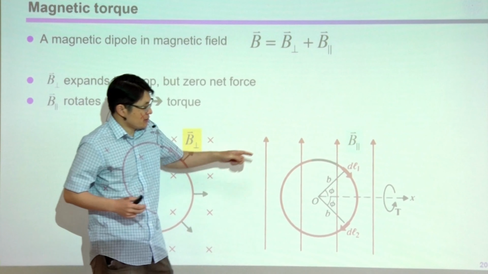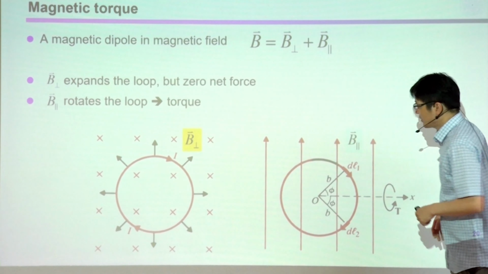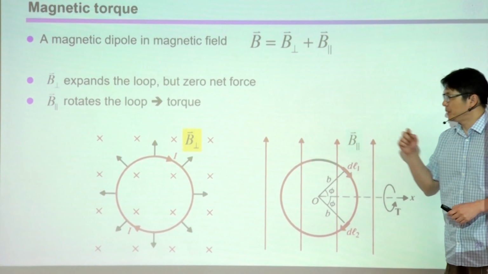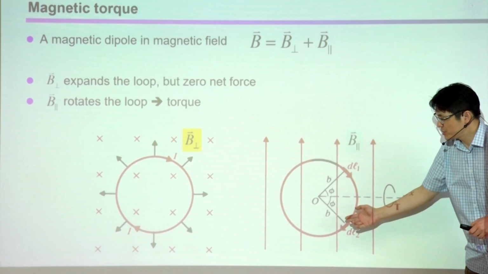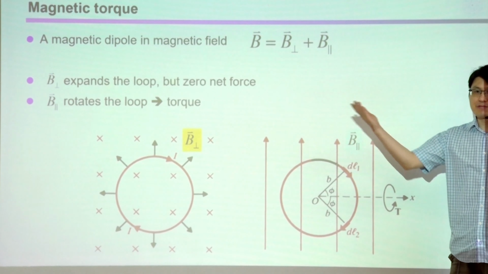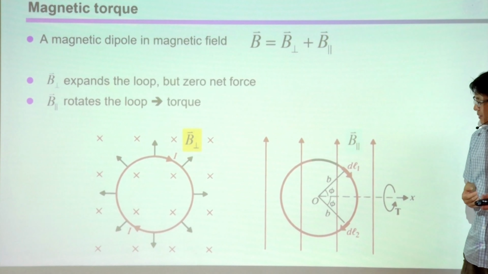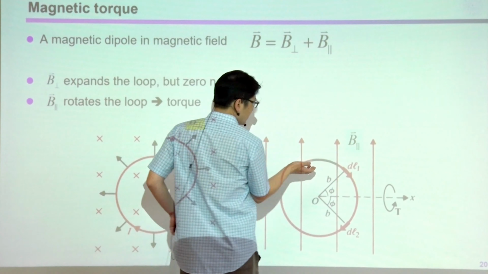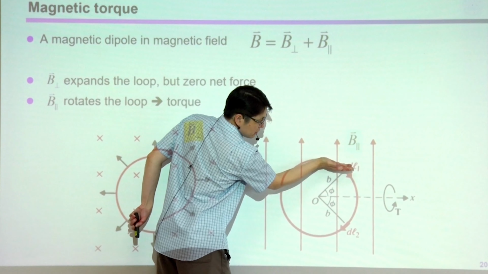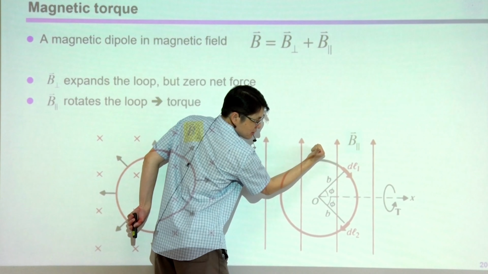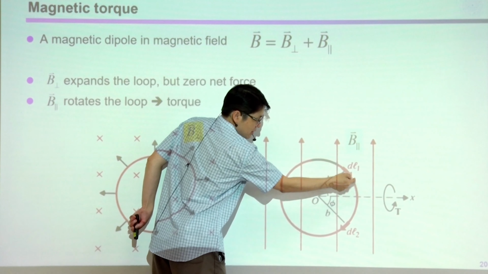On the other hand, the same current conducting loop with the presence of B field parallel to the surface, you can still use the force calculation, right? On the top, you have DL cross B. So your force is going into your eyes on the top.